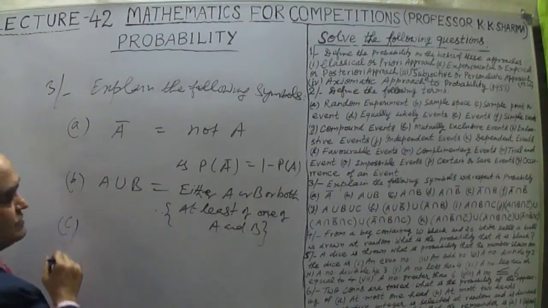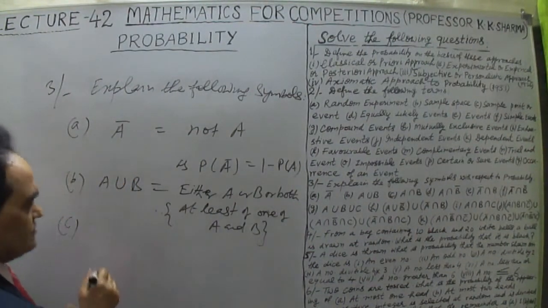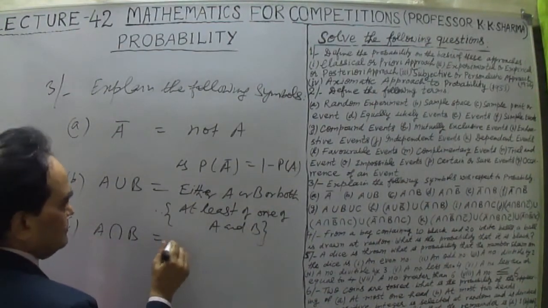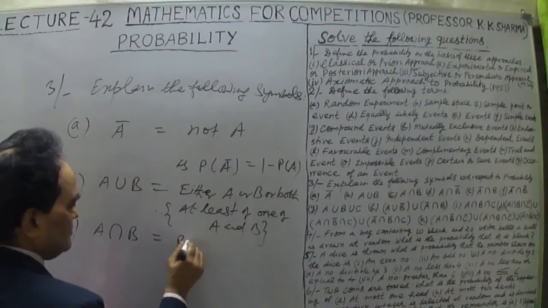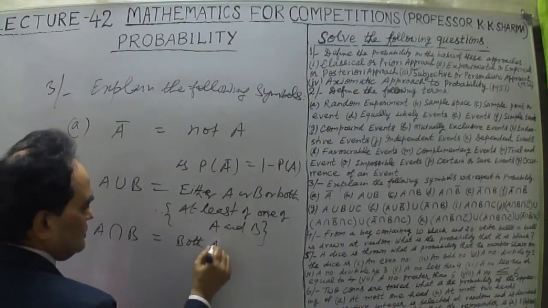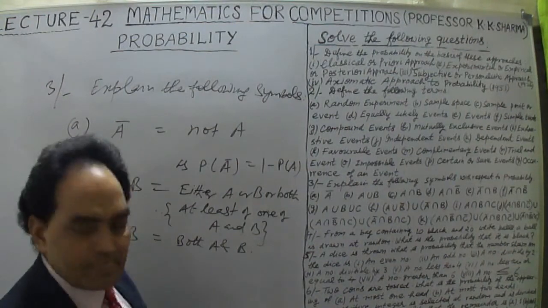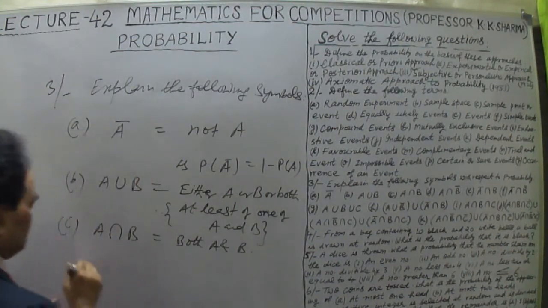What is C? C part is A intersection B. A intersection B means both A and B. Then the D part.